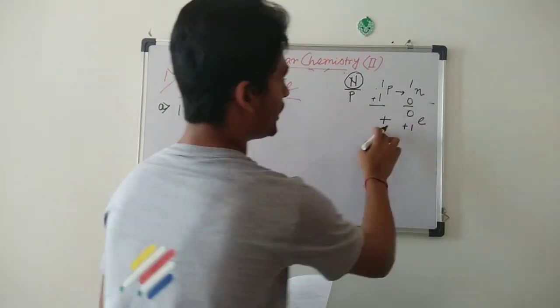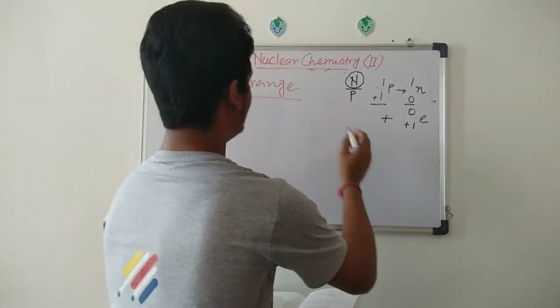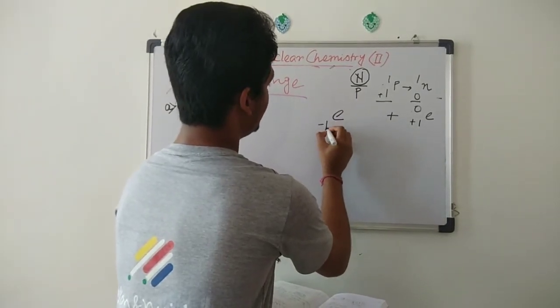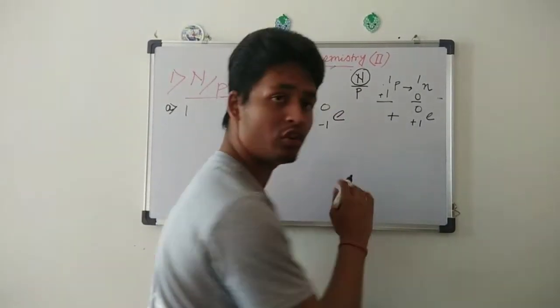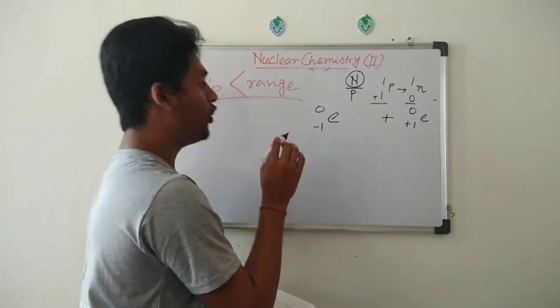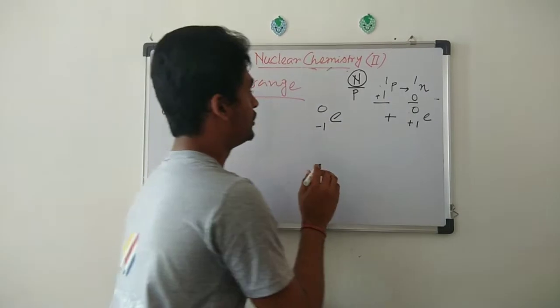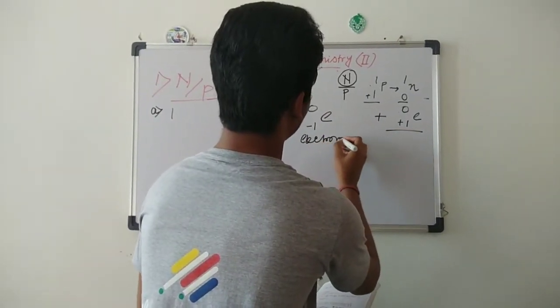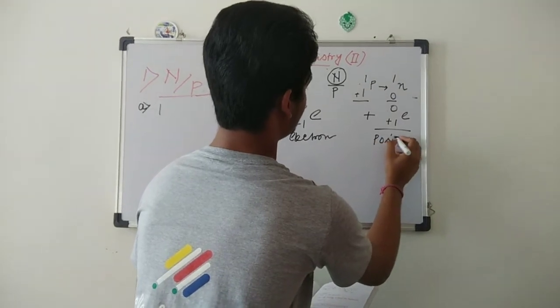So neutron plus this particle. You can see in case of beta particle, that is -1 and 0. In this case, this is only +1 and 0. Everything is the same, mass is the same, only it differs in charge. So in that case, it is not called electron, it is called positron.